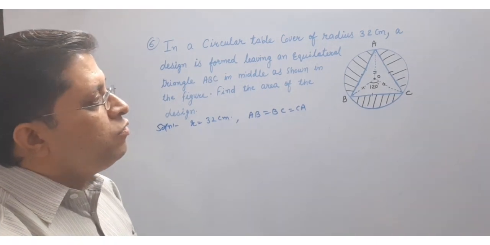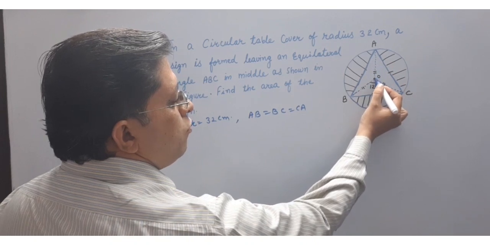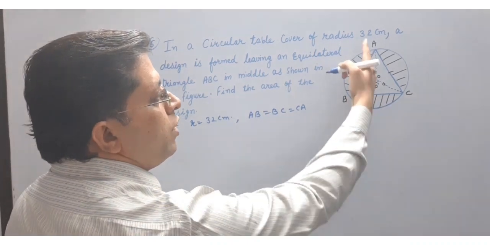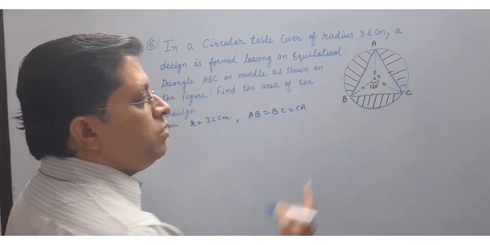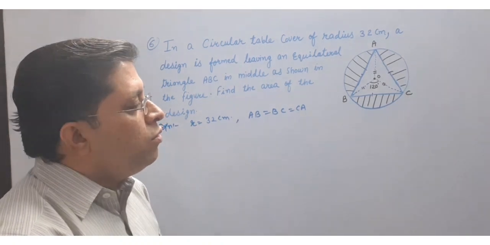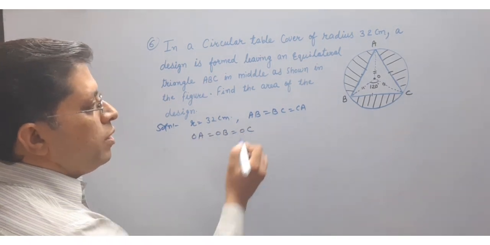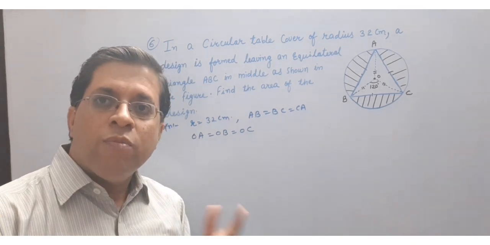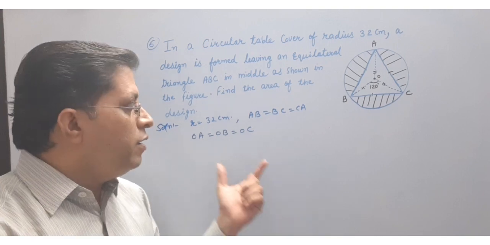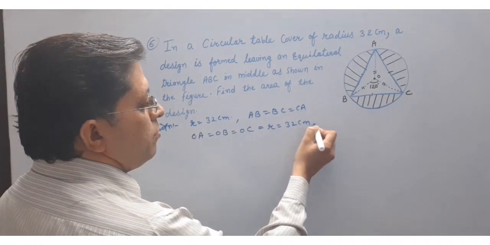If we join the vertices to the center O, then OA, OB and OC are radii of the circle, so their lengths are equal. Why? Because they are radii of the circle, and it is given as 32 centimeter.